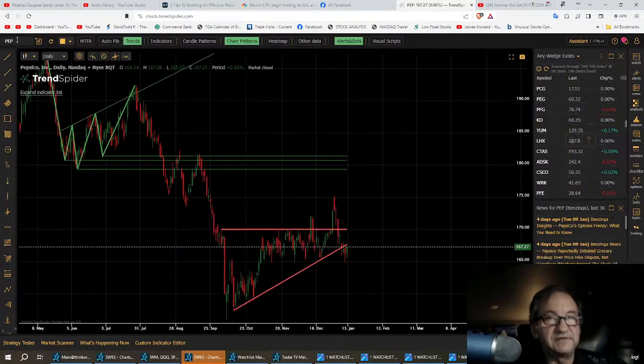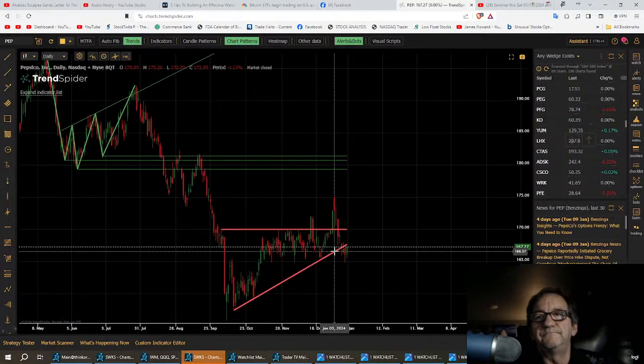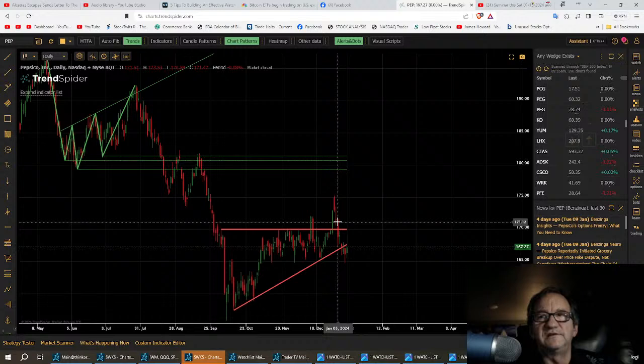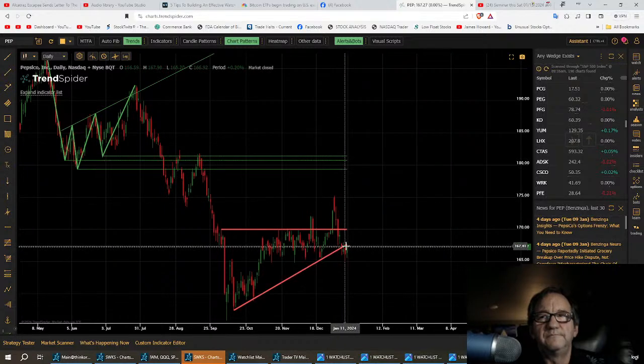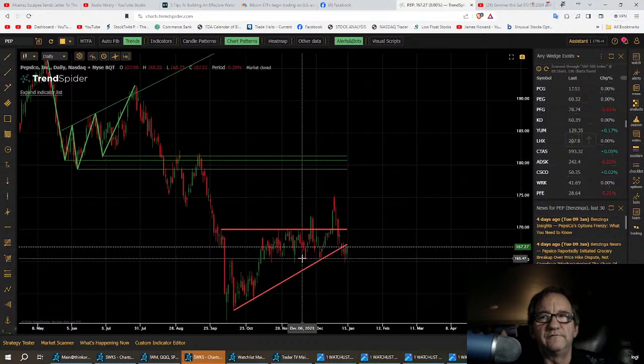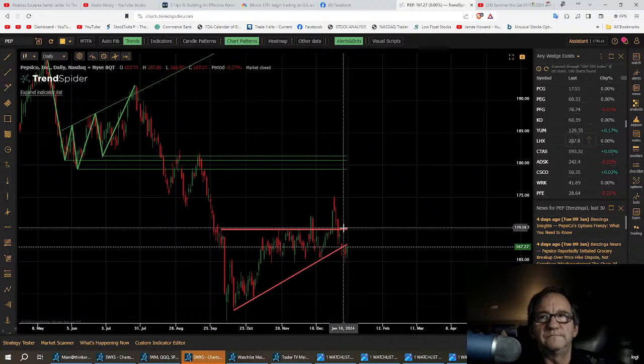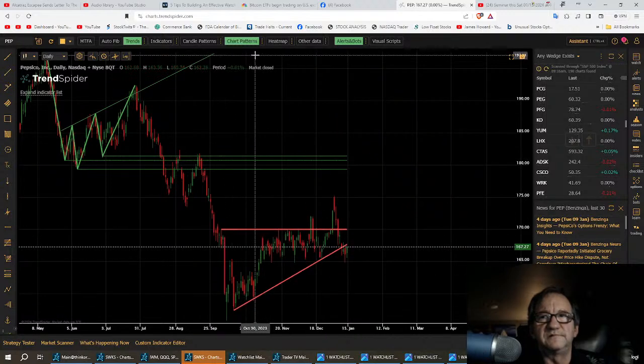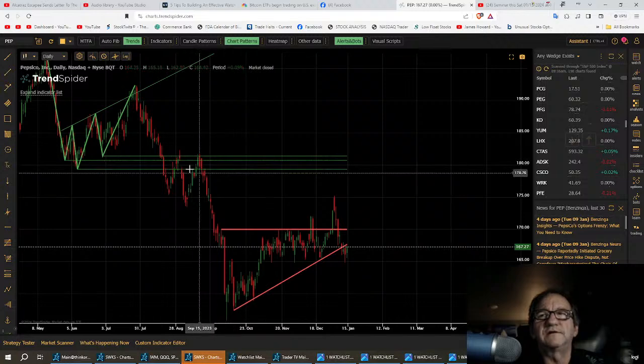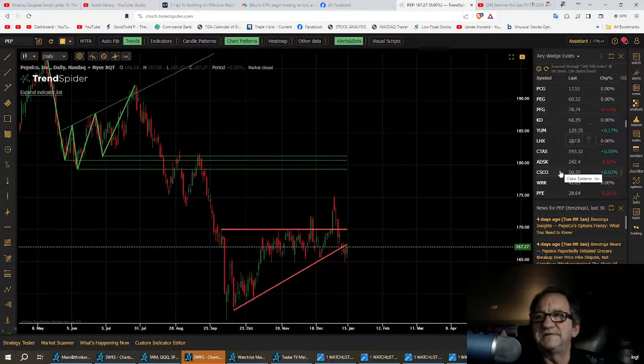And we pulled back. This is an ascending triangle breakout. Pulls back to that support level. So I've had this set up so that when I pull up my scan, I can look for these patterns.